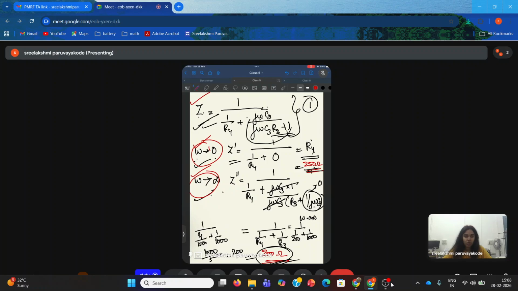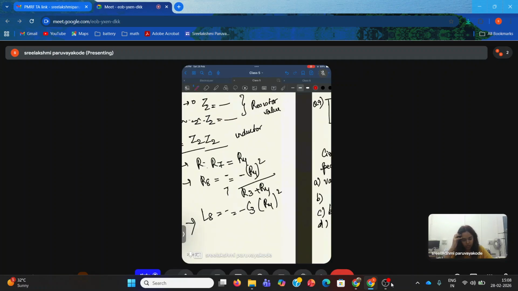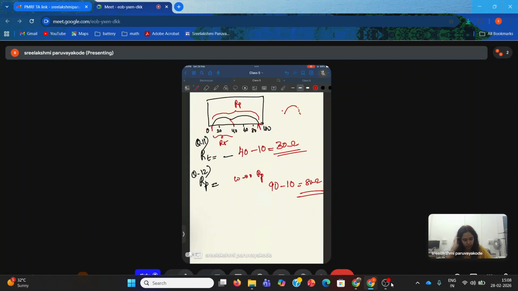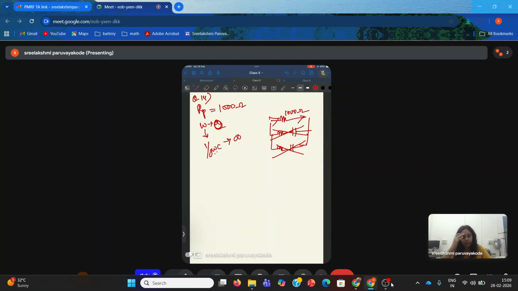To find the capacitor or inductor value, you have to equate the total impedance of one circuit to the total impedance of the next circuit. So if you know the value of one capacitor or inductor, you will know the other one also. The first step before that is to find all the rest of the values by equating omega tends to 0 and infinity, and that's how you do it. Right? So this is where we had stopped last day.